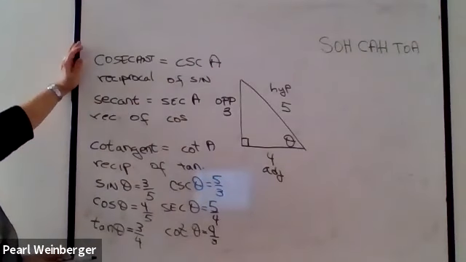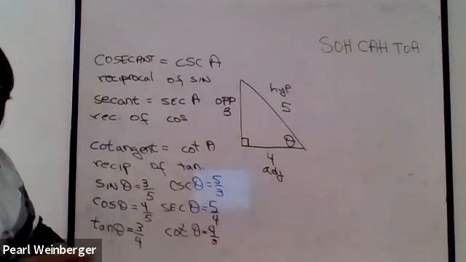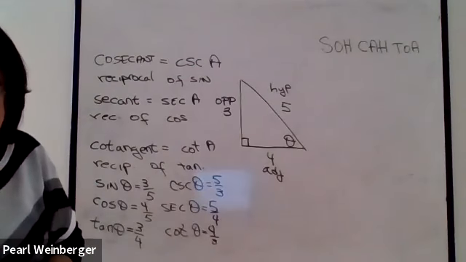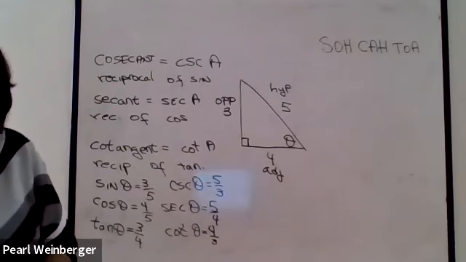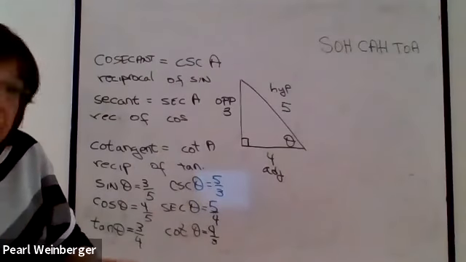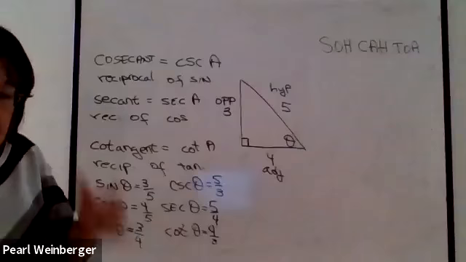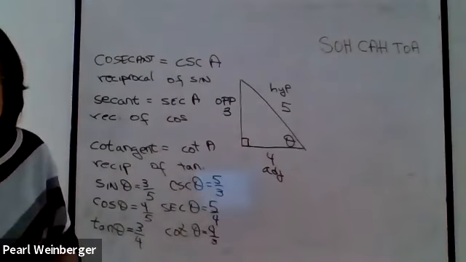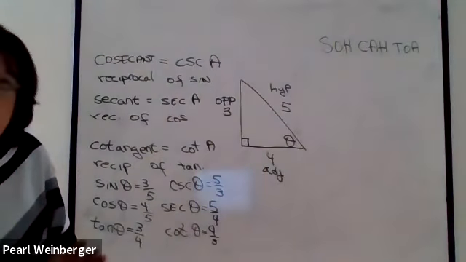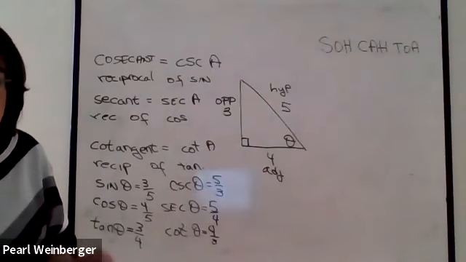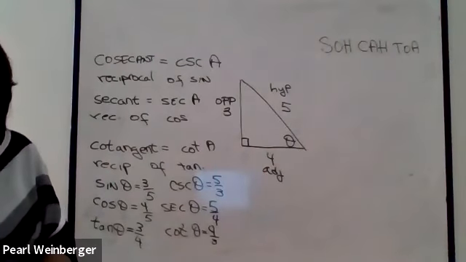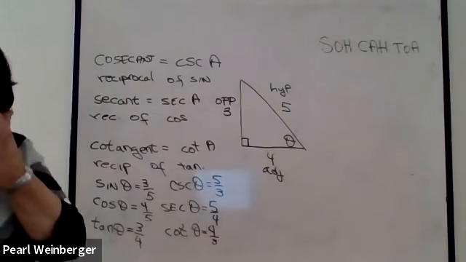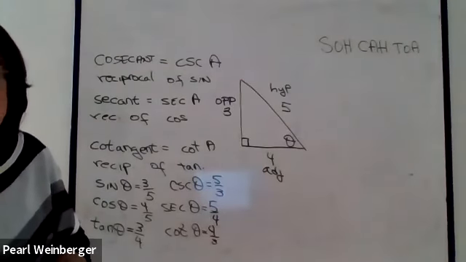How are you going to remember what goes with what? That's the hard part, because they're just different. So we know SOHCAHTOA. I think that's been ingrained in us already. Sine, opposite over hypotenuse. Cosine, adjacent over hypotenuse. Tangent, opposite over adjacent. So we have to remember what goes with what.